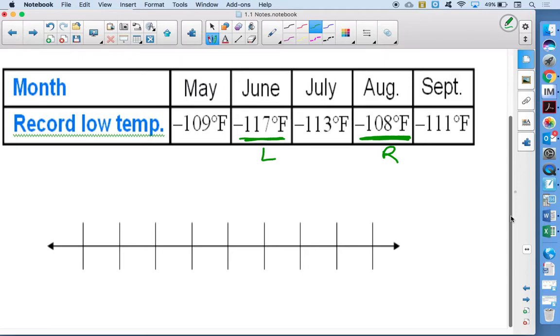So I'm going to start this at just one less. I'm going to start it at negative 107. And I'm just going to list these numbers. I'm going to extend mine a little bit here.